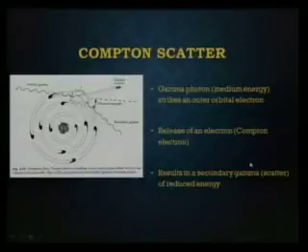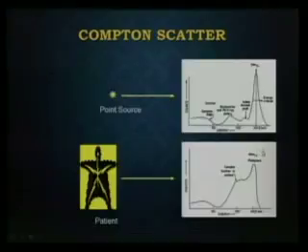Something else that you need to know is Compton scatter. Compton scatter basically is the interaction of the photon with any matter that interacts with it. How it affects our cameras, our imaging, is that if we put a point source inside the camera, we get a nice photo peak, say of technetium. You see the photo peak right here.